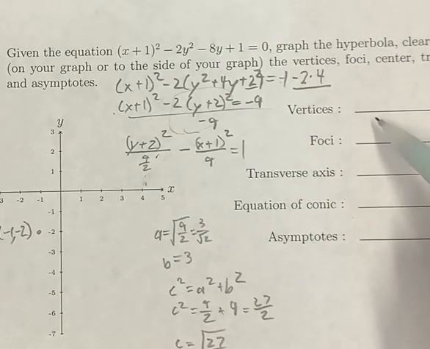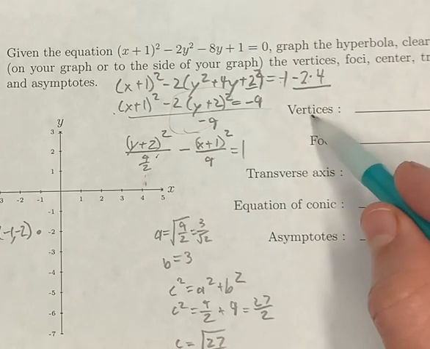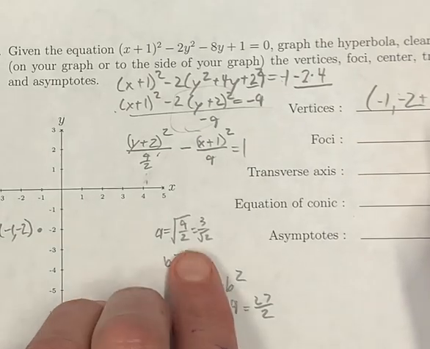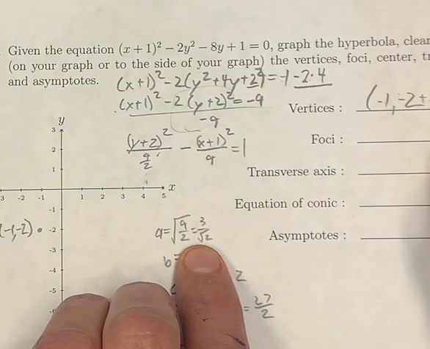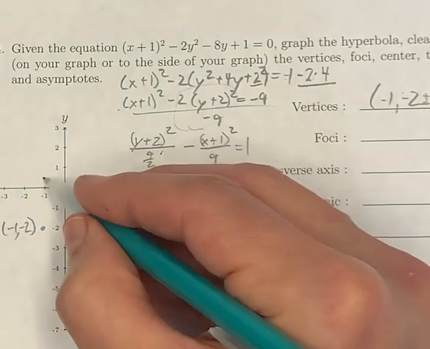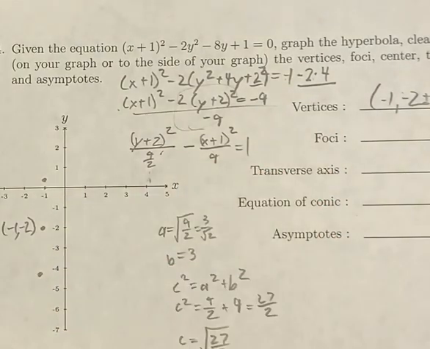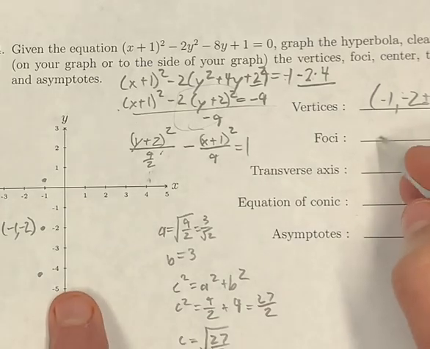So how am I going to go about doing this? Well, the vertices are the center, negative 1, negative 2, plus or minus a, right? Plus or minus 3 over root 2, which is just a little bigger than 2. So the vertices are actually going to be like there and there, right? And the foci are going to be along those same lines.